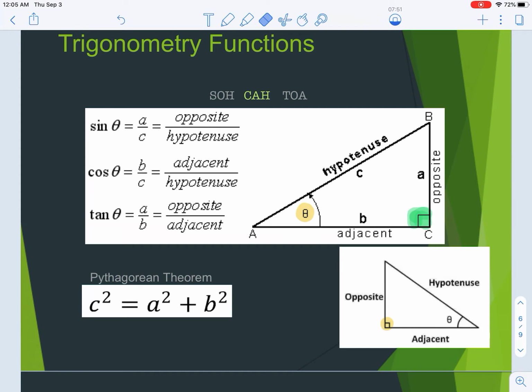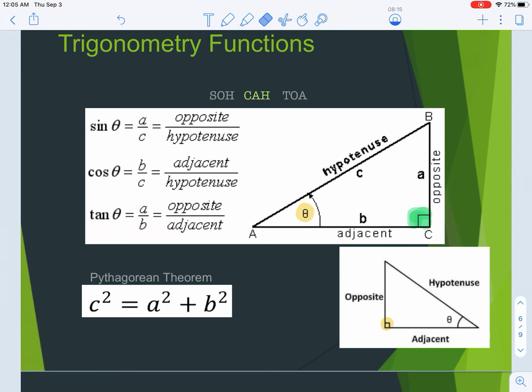Now let's make sure that you understand how to determine what is the opposite side or what is the adjacent side and what angle we are referring to. So on our right triangle, obviously we have to have one corner that is our right or 90-degree angle, and that's marked here in green. We need to have an additional angle that becomes our point of reference.